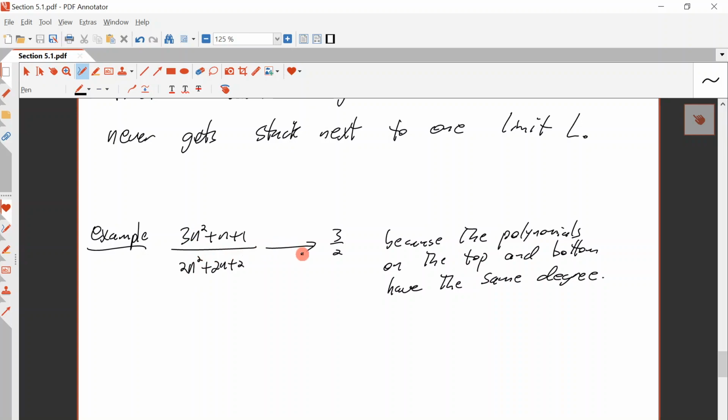All right, so this sequence converges to 3/2, therefore (-1)^n times this same sequence diverges. Okay?